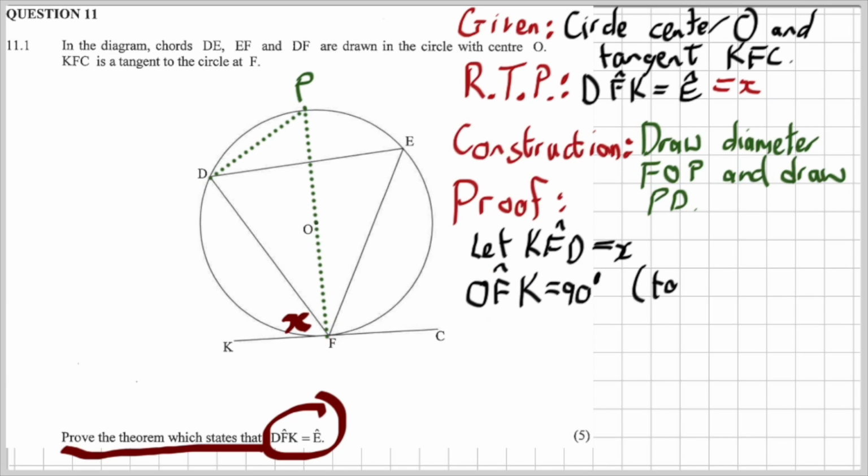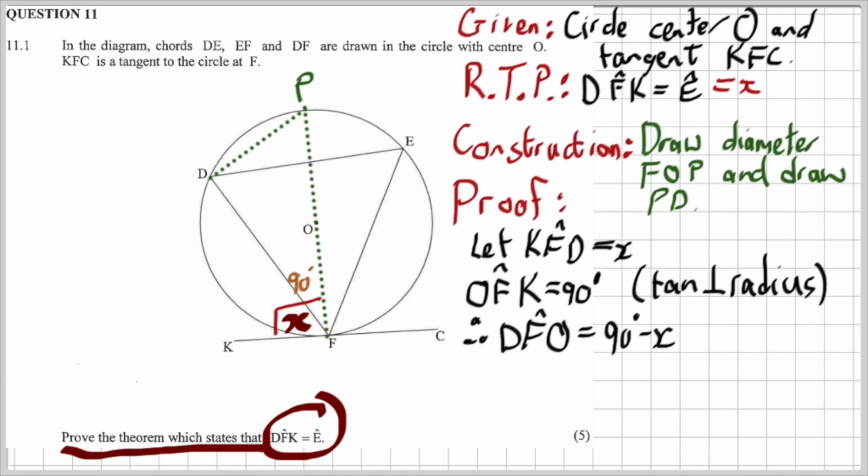So angle OFK is a diameter, and therefore a radius, and it must be perpendicular to the tangent. The same is then that angle DFO is 90 degrees minus x. I hope that you understand that, because the x plus that angle must give me 90. Therefore, that angle is 90 minus x.